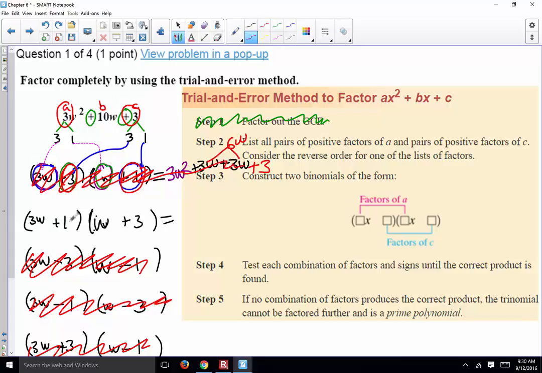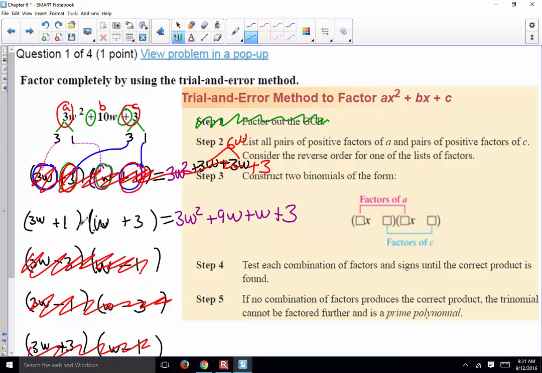I don't even have to check this one. I know 100% sure this is our guy, but I still want to check it. 3w times 3w is 3w squared. 3w times 3 is 9w. 1 times w is w. And 1 times 3 is 3. Sometimes a trinomial can be prime and may not have a factored form.